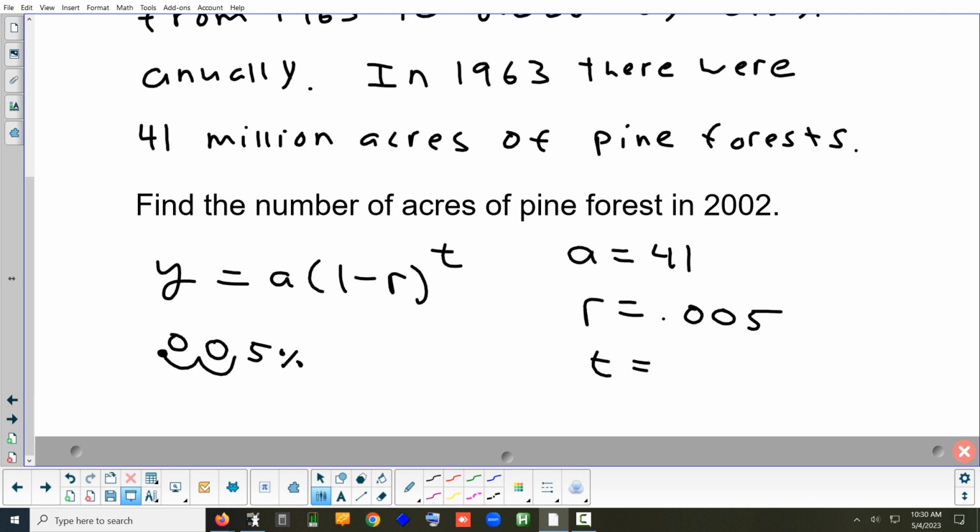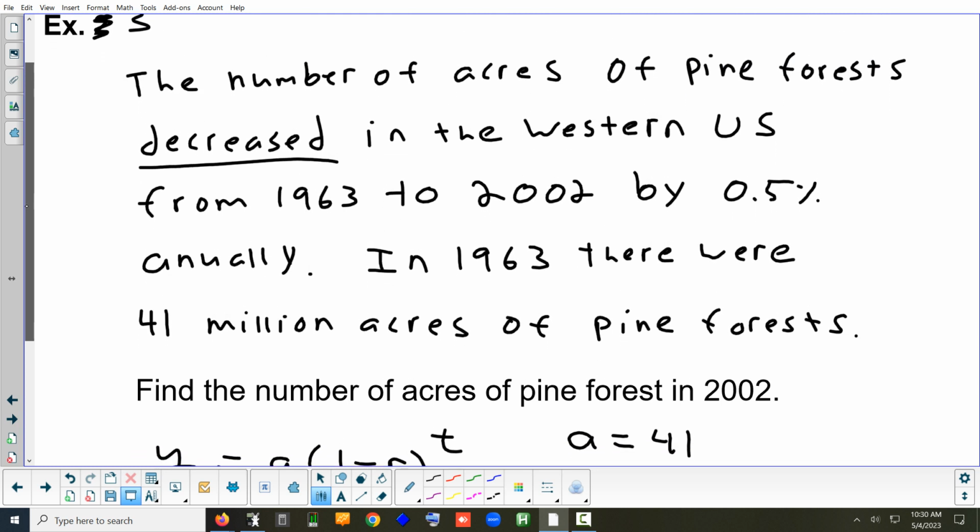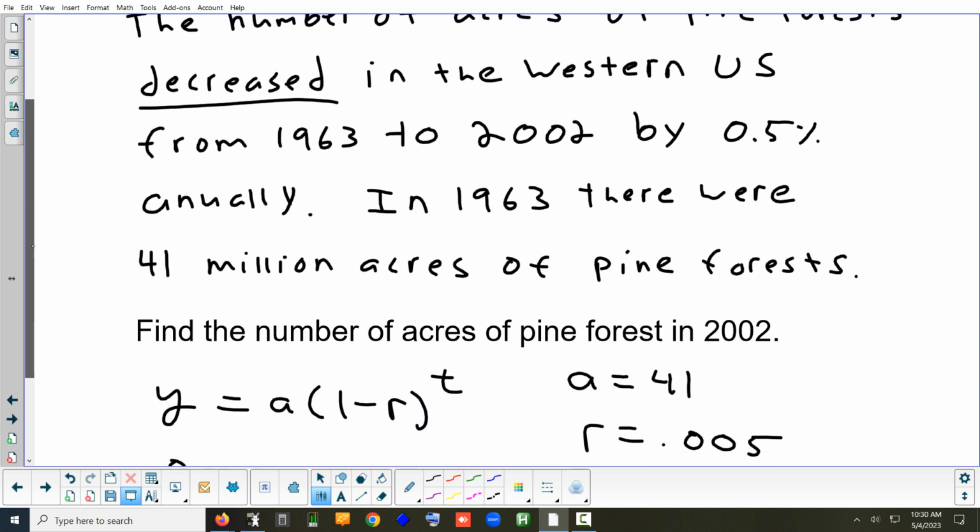Okay, and what does T stand for? Yeah, time. And I said that time is usually measured in years. So time is the number of years since the start value.